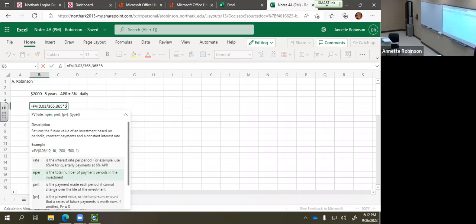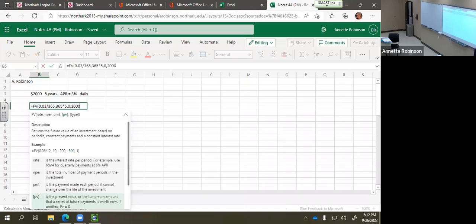Either one. It will compute it for you. Then we're going to put in 0 payments. We are starting with 2,000. They suggest you can put in negative 2,000 because you're finding what the bank's going to give you, and they didn't give you the 2,000 at the time. But you can just leave it as 2,000.